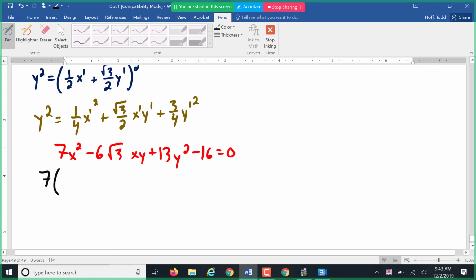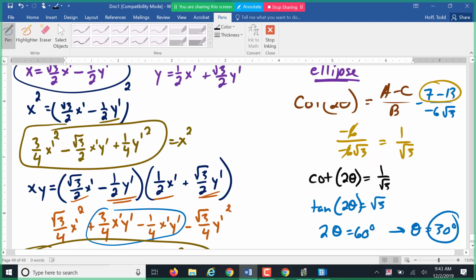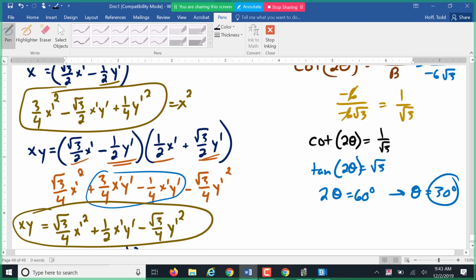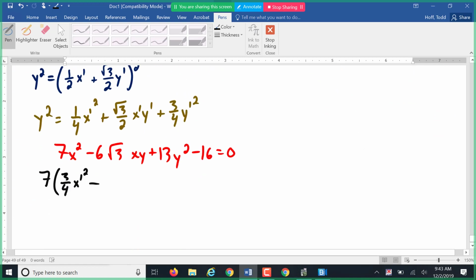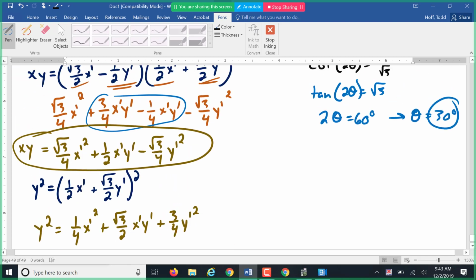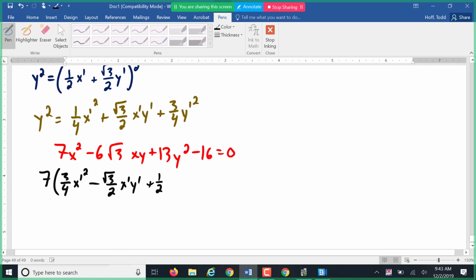It's going to be a lot of scrolling, sorry about that. 3/4 x prime squared minus square root of 3 over 2 x prime y prime plus 1/4 y prime squared.